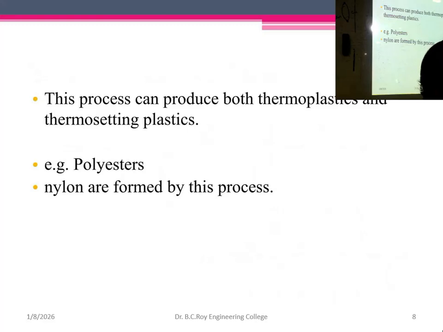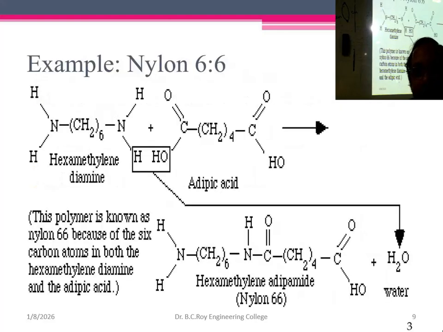Usually food materials we keep in this plastic because it is quite safe. This polyester material is quite safe. That's why we are using this type of material as a food container. PET jar, PET bottle, polyethylene terephthalate bottle, our drinking water bottle. That is PET bottle. So that is polyesters.